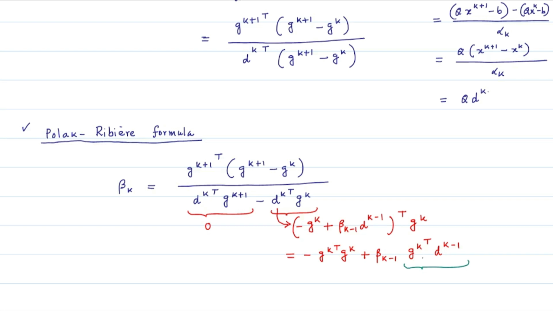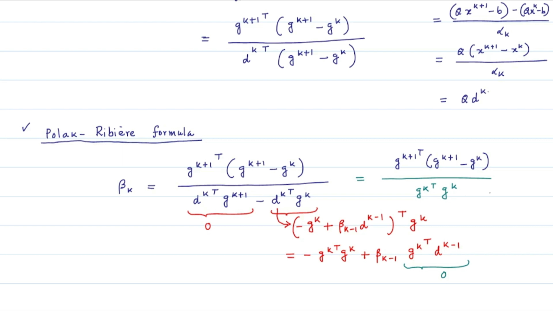We get that g_k transpose d_{k-1} is equal to 0, and hence in the denominator we are left with g_k transpose g_k, and this term in the denominator, keeping the numerator as it is, gives us the Polak-Ribiere formula of the scalar beta_k.